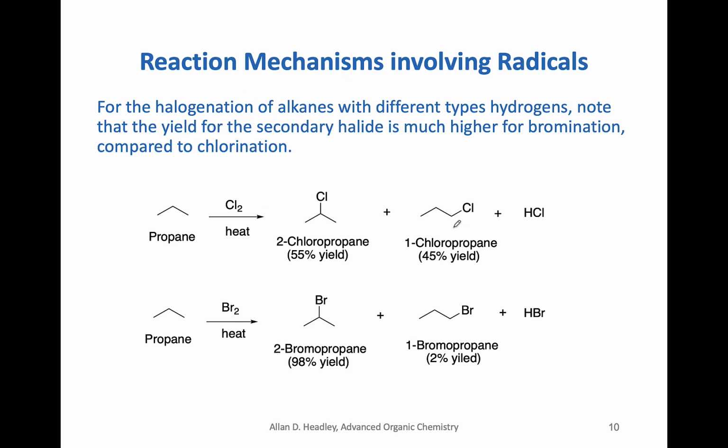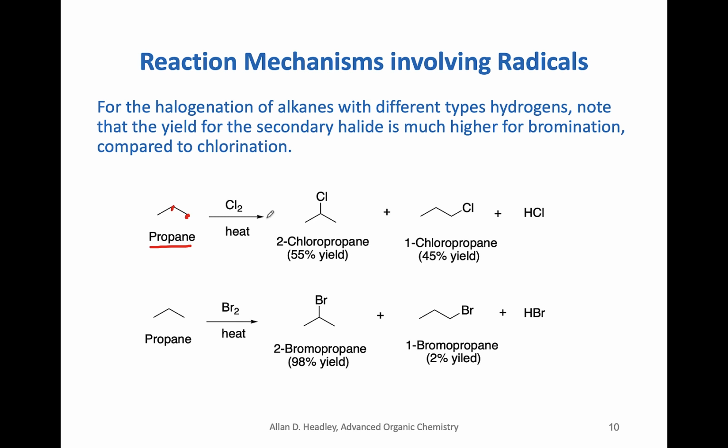Let us look at another concept. If we had propane and we subjected it to chlorination, we get 2 possible products because we have hydrogens here and hydrogens here. We have 3 here because that's a primary, and we have 2 here because that's a secondary.